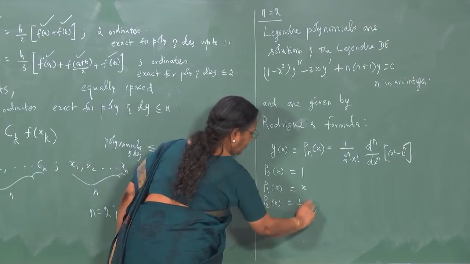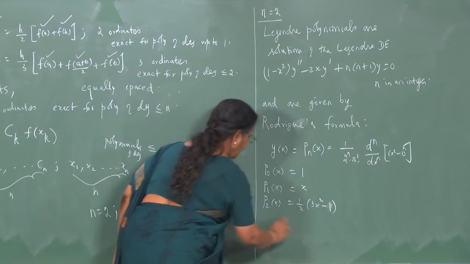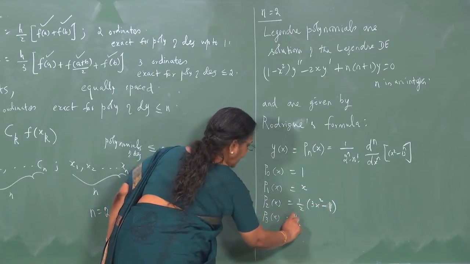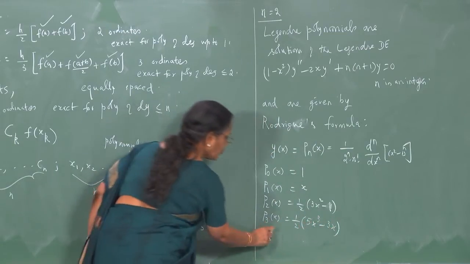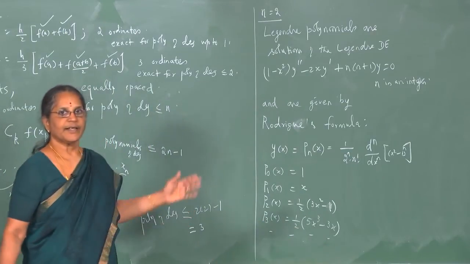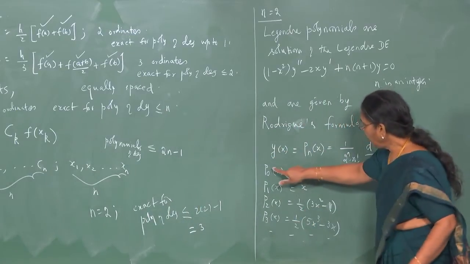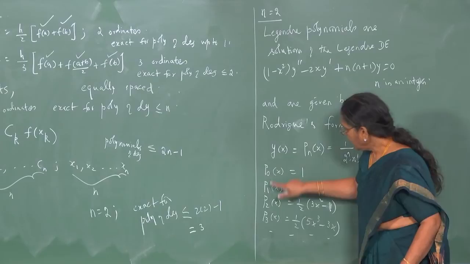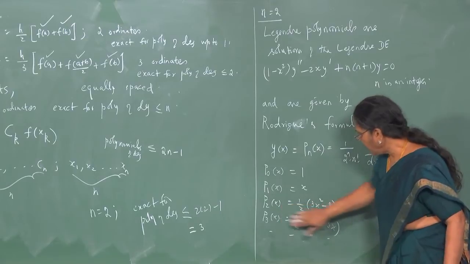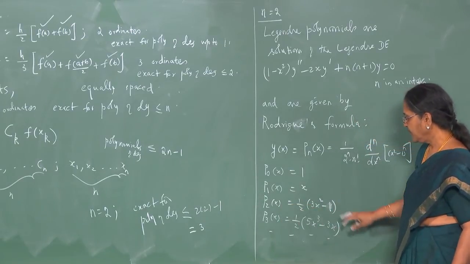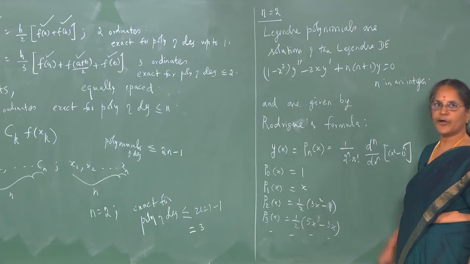P2 of x will be half of 3x square minus 1, and P3 of x will be half of 5x cubed minus 3x, and so on. You can get higher degree polynomials, and you observe that polynomials with odd suffixes are odd degree polynomials, and those with even suffixes are even degree polynomials.